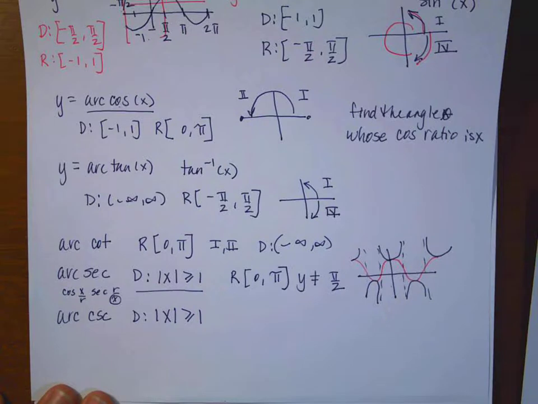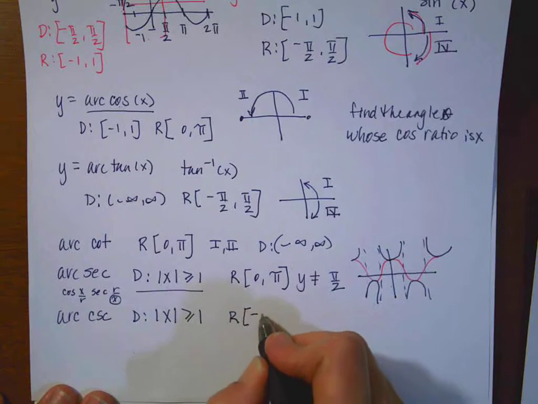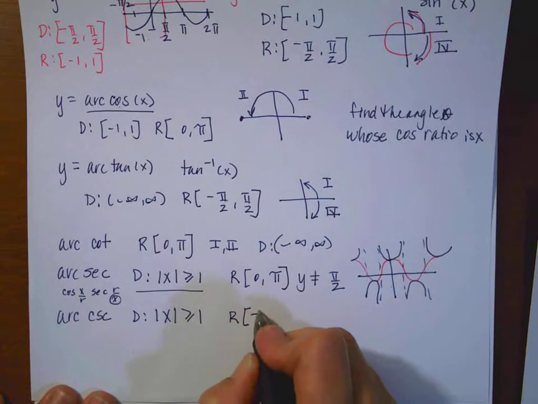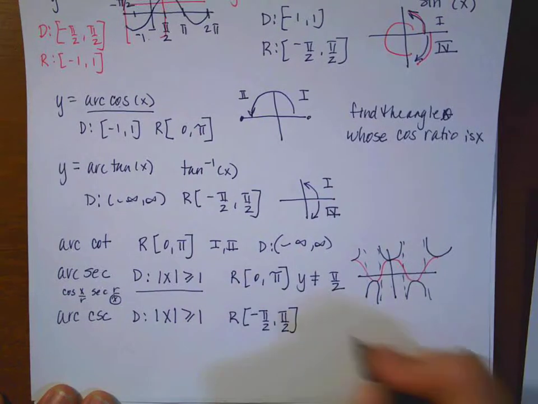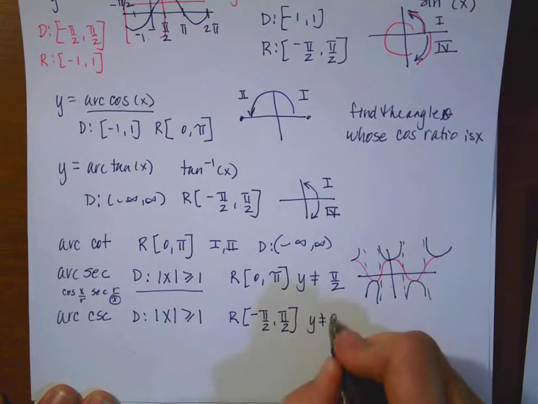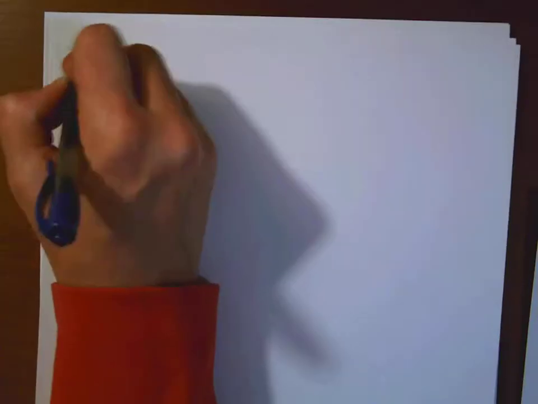And that would happen where I had some pi over 2's. Okay, so the range for this guy is going to be the same as sine. So it's going to be negative pi over 2 to positive pi over 2. And the same thing, I have an additional caveat that y can't be equal to 0 because the world would explode.